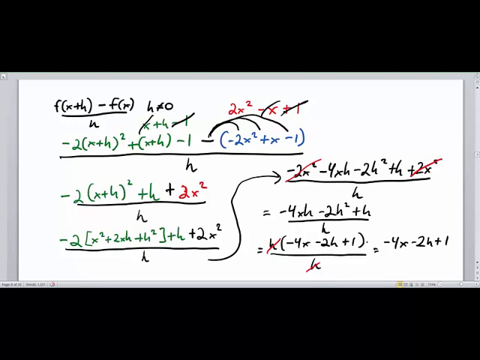Haha, get it? Derivative? Because this is the derivative formula, and what we would need to do to complete a calculus level derivative is to take h to 0, and that would leave us with negative 4x plus 1, which is the derivative of our actual formula, negative 2x squared plus x plus 1.